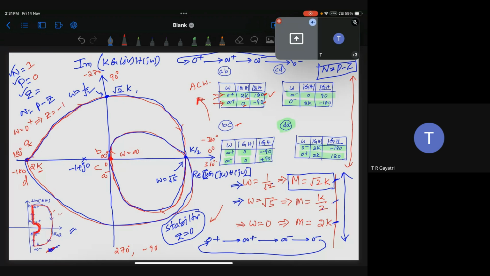It's not equal to 0. Now your question: without knowing K, how can we decide? Suppose you move your K, what will happen? This is the point we are interested in, correct? What is the magnitude at that point? 1. Am I correct? Yes, sir.